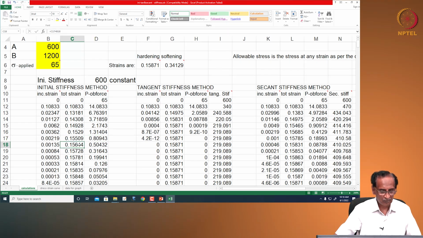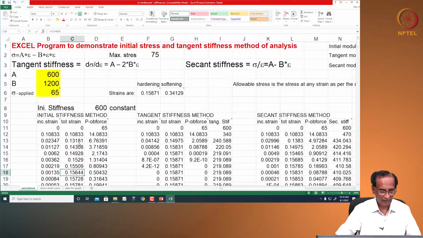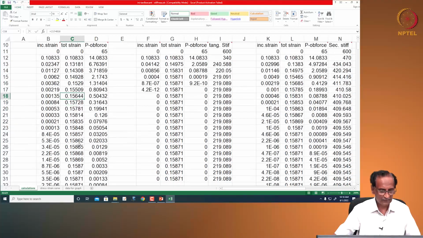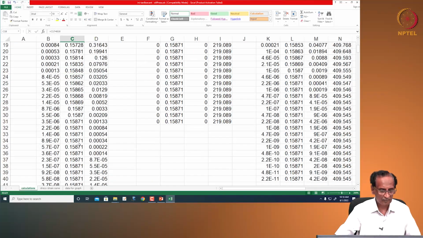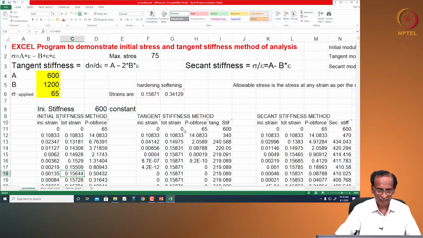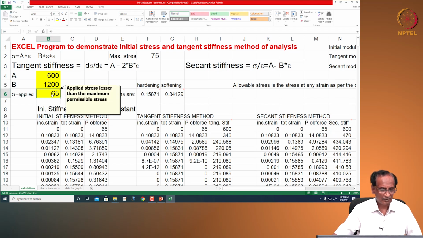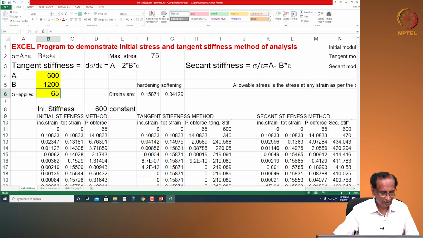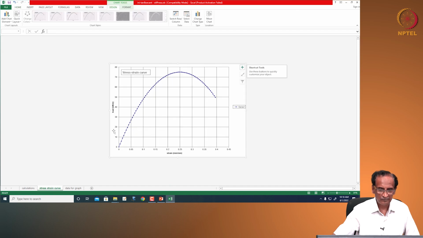And we can continue for as long as we want. Okay. And it's a very simple procedure, and let's apply it. Actually, let me show you the stress strain curve.